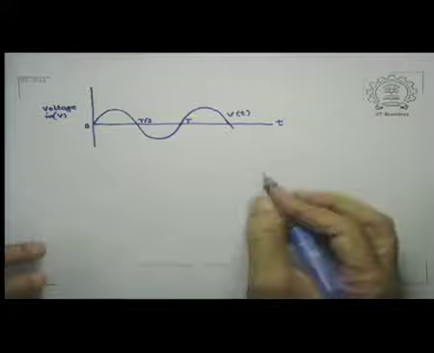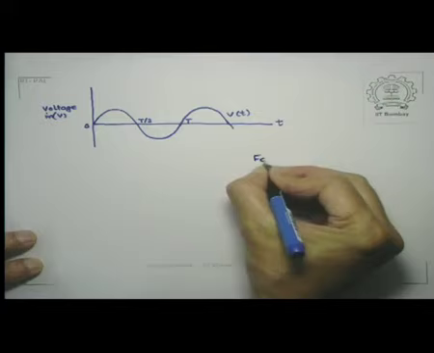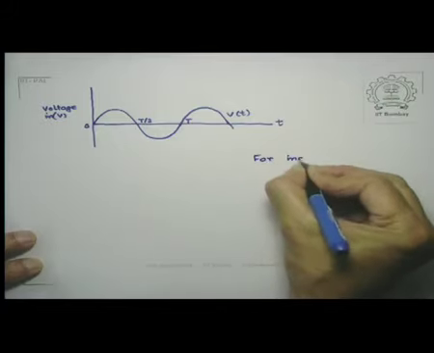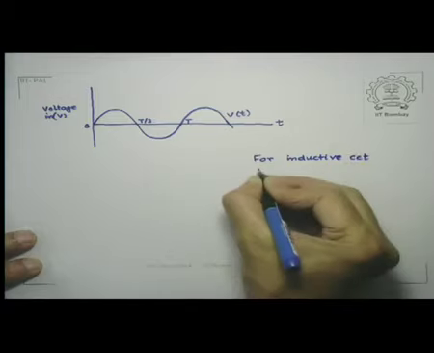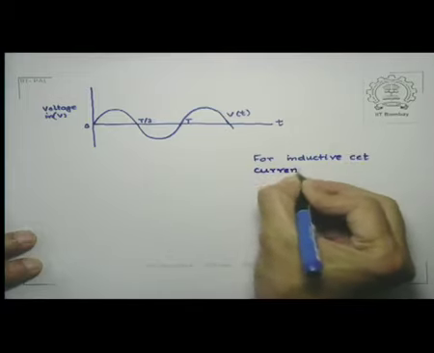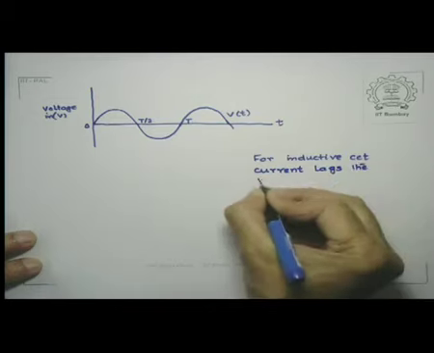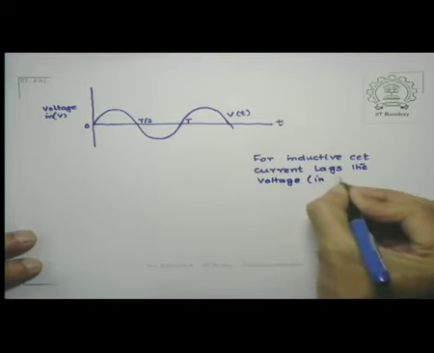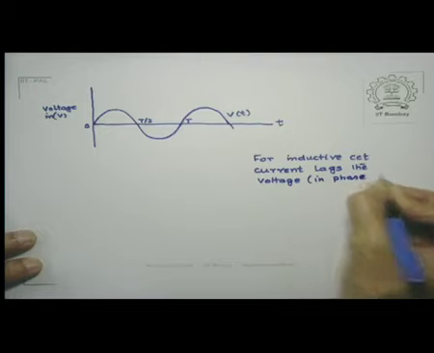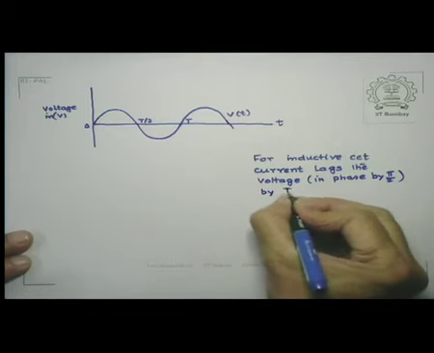So let me make a note here that for the inductive circuit, current lags the voltage in phase by pi by 2, which means by 1/4 of a cycle.